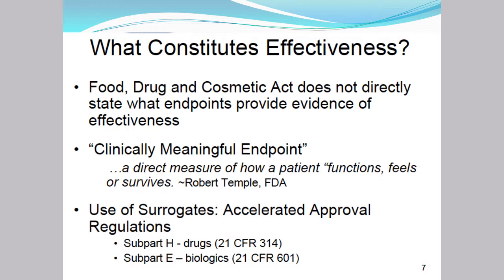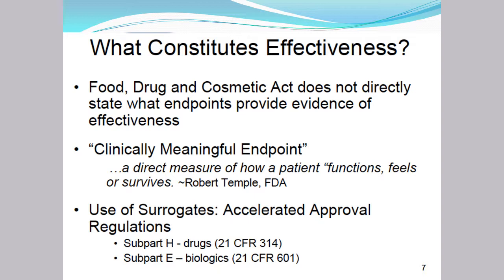But to have a drug approved by the FDA, you need substantial evidence. What is substantial evidence? You design a study which is adequate and well-controlled to test effectiveness. And what is a clinically meaningful endpoint for effectiveness?